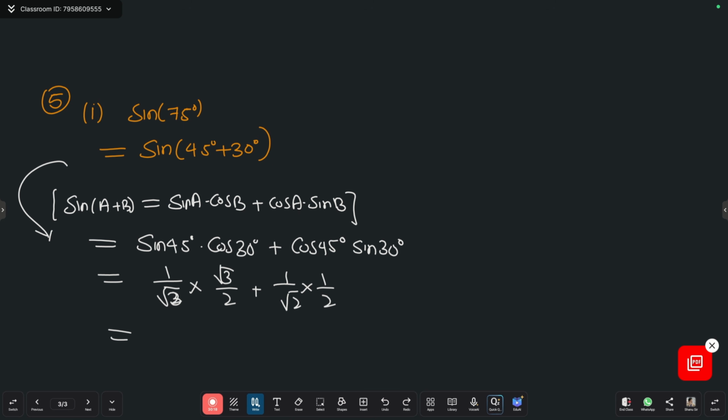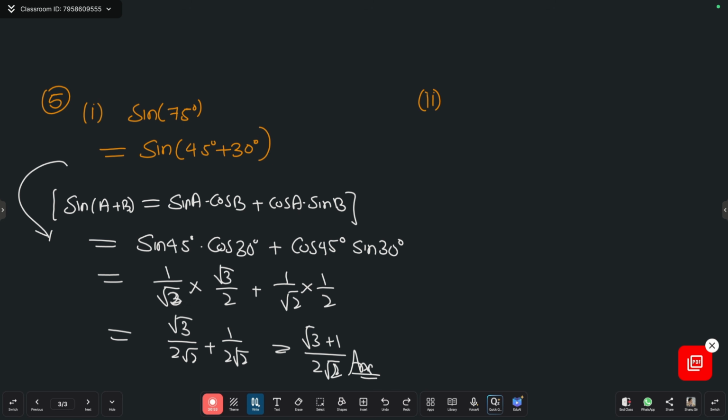Can you see the denominator is the same? It is 1 into root 3 by 2 root 2, and this is 1 by 2 root 2. Whenever denominator is same, no need to take LCM, directly add the numerators. So the final answer is root 3 plus 1 upon 2 root 2, and you got the answer of sine 75 degree.